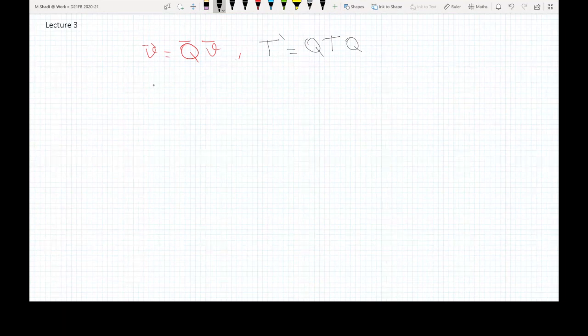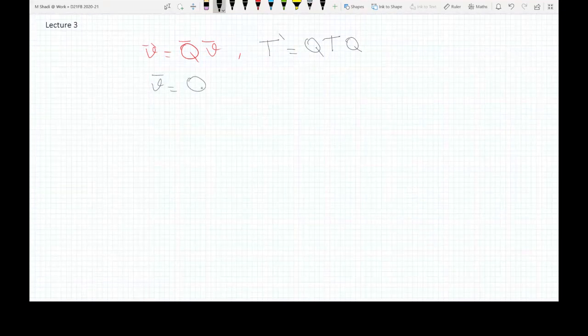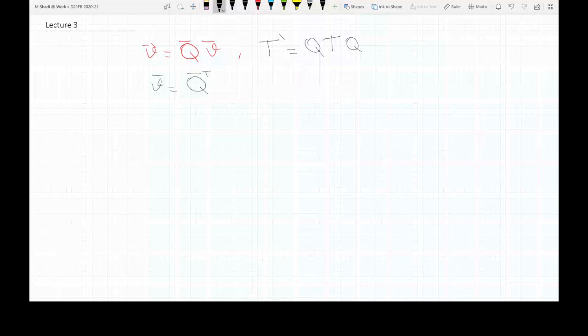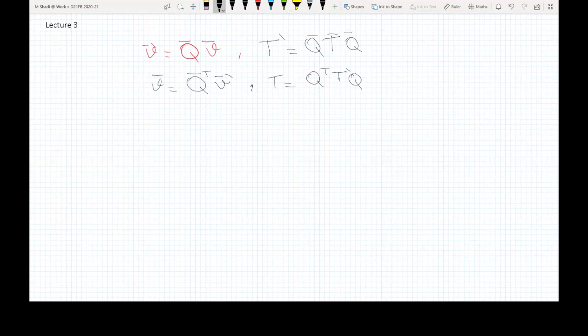And you can transform these back into the original system by using the transpose of the transformation matrix. So v can be obtained back if you use Q transpose multiplied with v', and T can be obtained by using Q transpose, T', and Q. This is the transformed and this is the original.